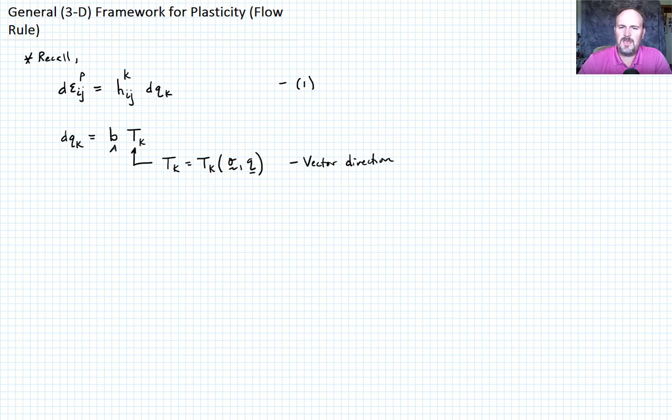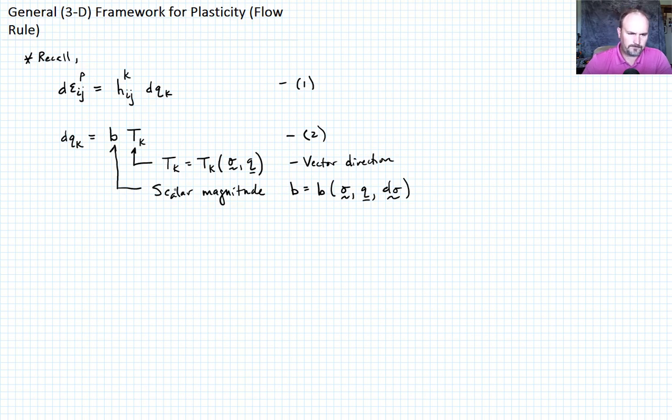And b was a scalar magnitude, and as a result it was a function of not only stress and the internal state vector q, but also of the stress increment d sigma. Let's call that equation 2. Hopefully that's something you remember from the previous modules.